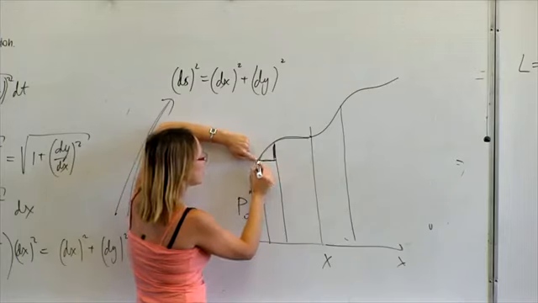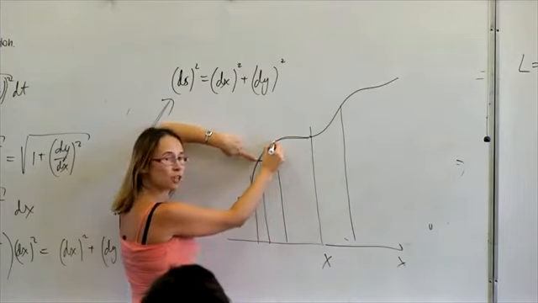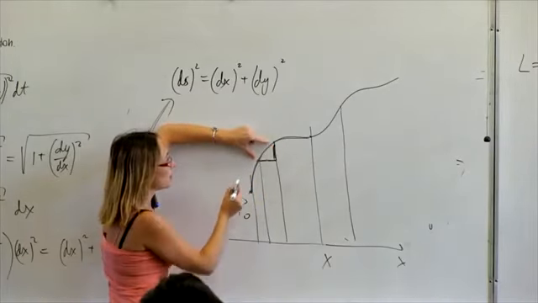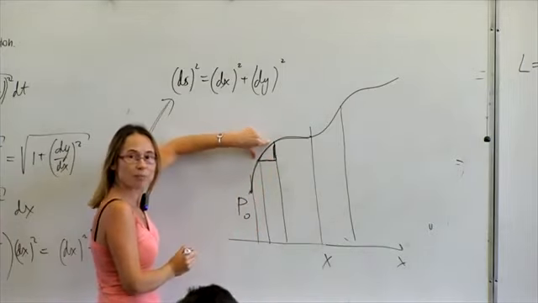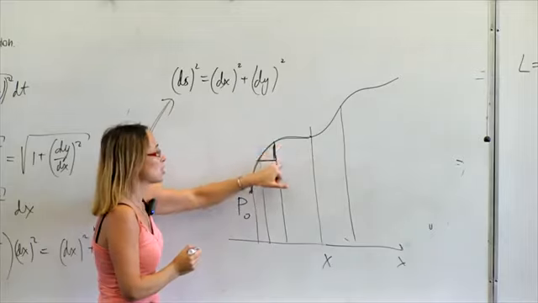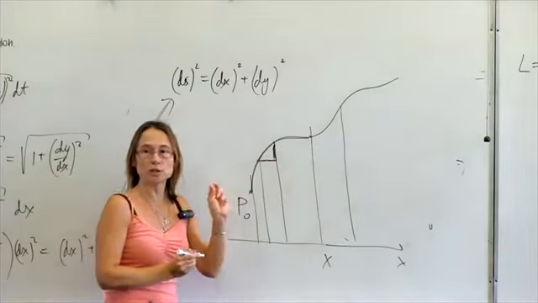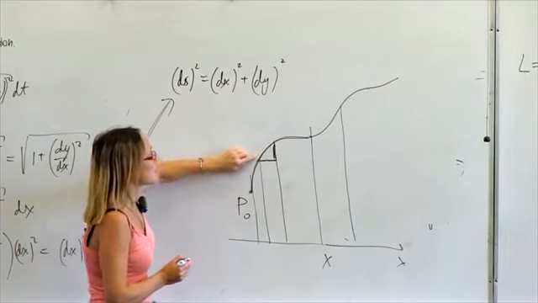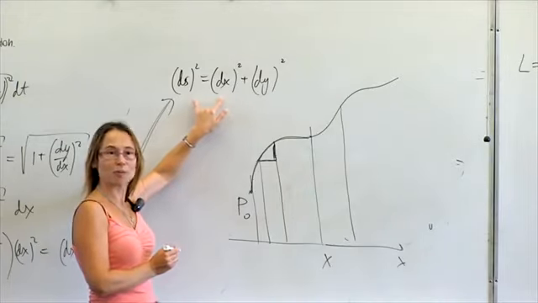I increase it by a small amount. y also changes by a small amount. What is the increment in the arc length? It corresponds to this curvilinear segment, its length, right? And this is not really a triangle. It has a straight side, and a curvy side. But when the increment is really, really small, then the curvilinear side satisfies this equation, the Pythagorean theorem, right?